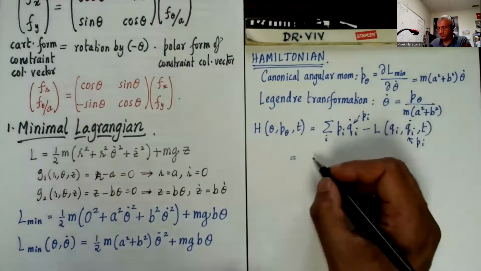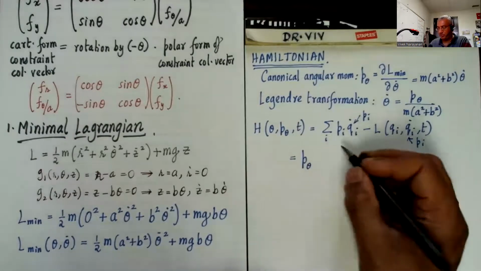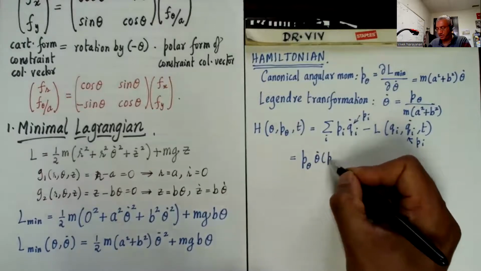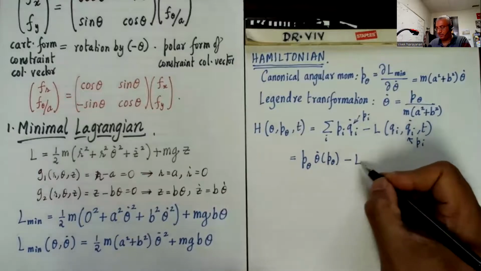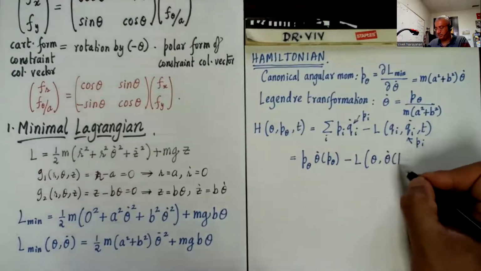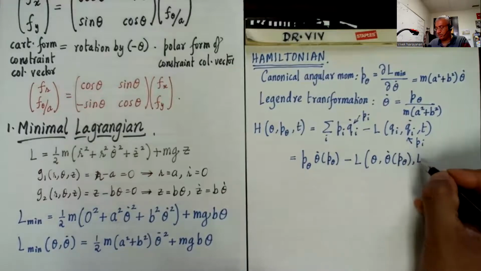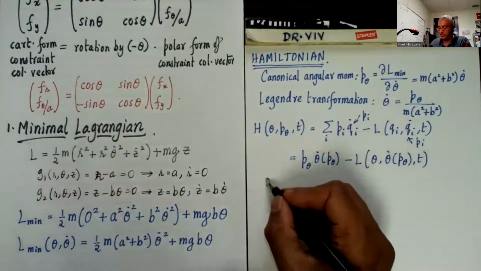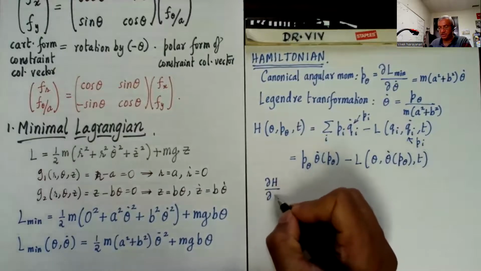So let's write this. There's only one canonical momentum, so that's p theta times theta dot, written entirely as p theta, minus L of theta, theta dot, written entirely as p theta, comma t. But you notice that the Hamiltonian does in fact not contain time.